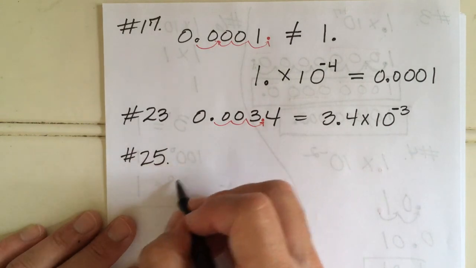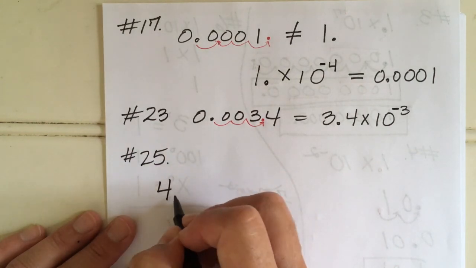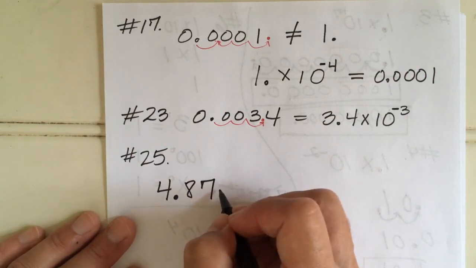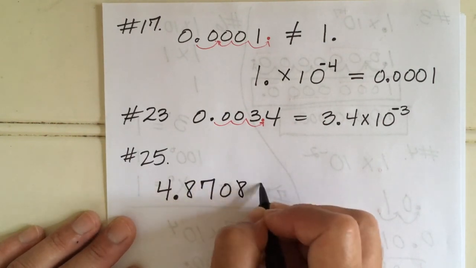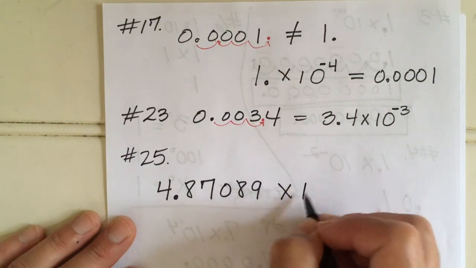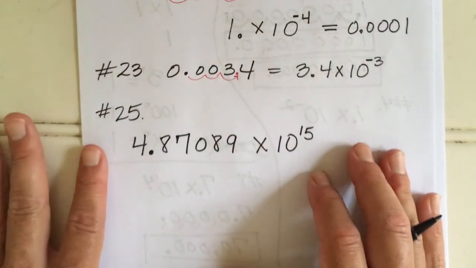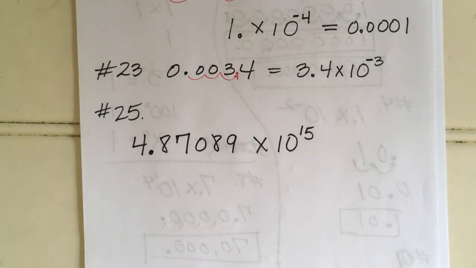In 25, we're given this kind of difficult to deal with number. All right, so expand this out, right? And first question, is this a smaller or larger number? You should say, well, the exponent's positive, so it's much larger.